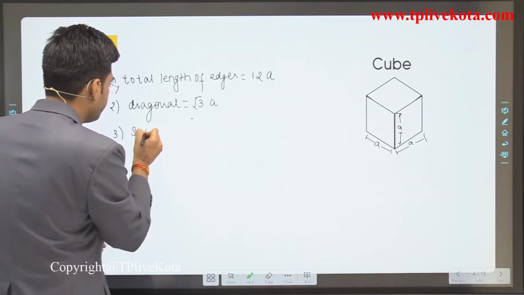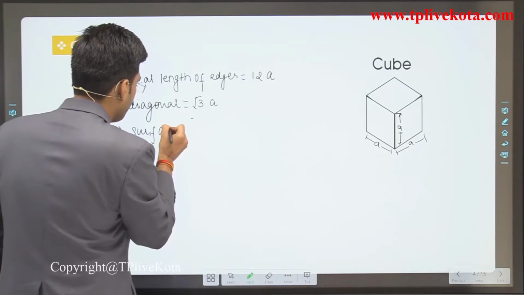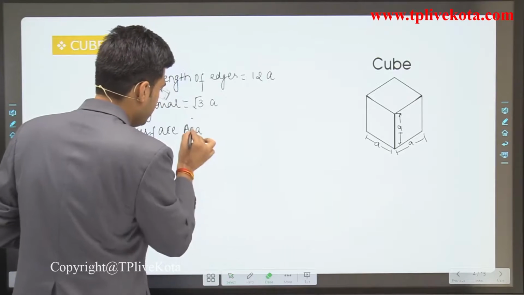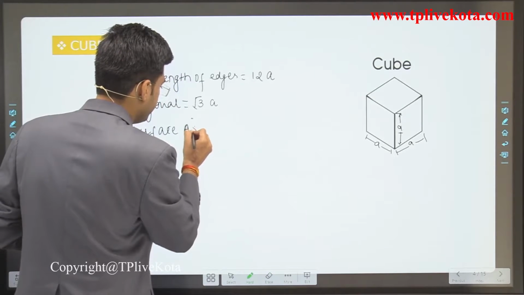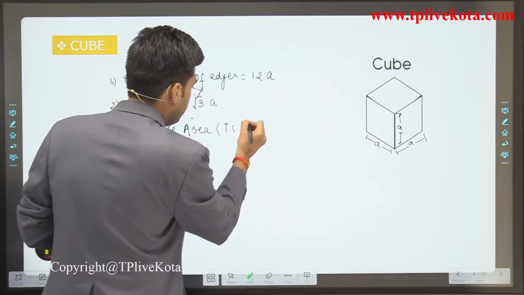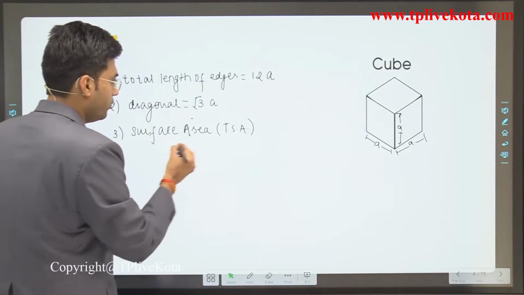Now, after the diagonal, the next is surface area, or we can say total surface area, TSA.